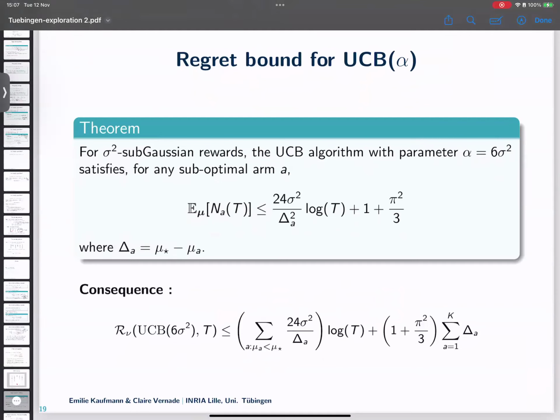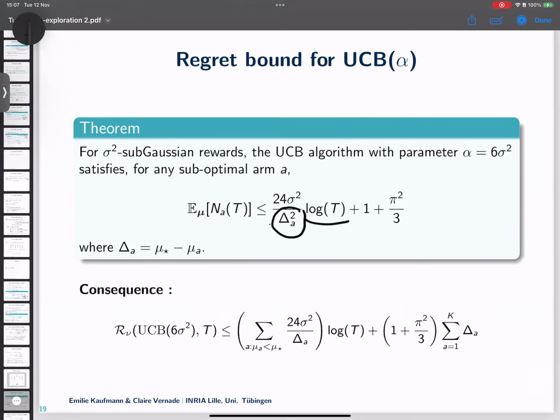If you tune alpha well enough, in a way that guarantees this constant coverage on the number of mistakes, then you can prove a regret bound that basically says that the expected number of times you've pulled a bad arm is bounded by log t, so that's very small, times some constant over delta square. This is important: the amount of time that I'm going to pull this bad arm will scale with 1 over the gap square.